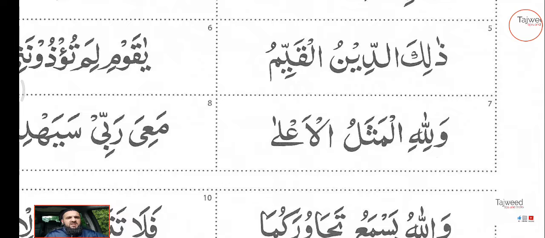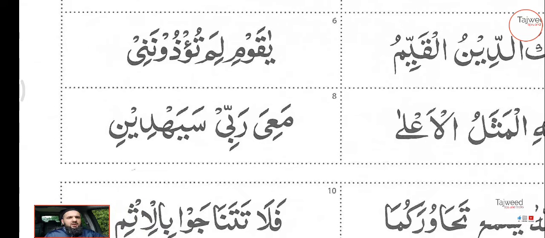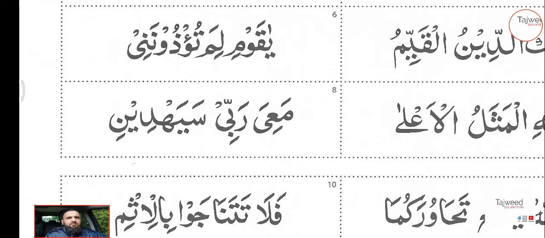A'la remains the same when you're stopping on it. Box number 8, Deeni becomes Deen, because the noon becomes sakina. In other words, you remove the kasra and replace it with the sukoon on top of the noon. So Deen, that's how you stop on it.